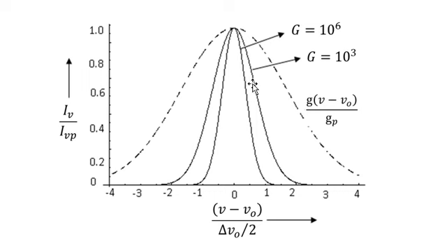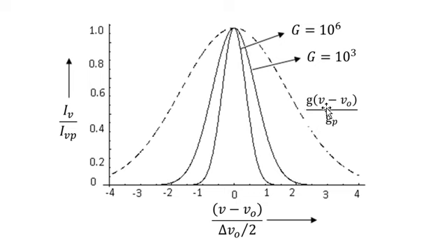So look, we have plotted ASE for two values of gain. Gain is equal to 10 to the power 6 and gain is equal to 10 to the power 3. For the gain 10 to the power 6, you can see that the beam is narrower. That is, the spectral narrowing is more evident for the higher gain in comparison with the gain of 10 to the power 3. So you see that the dashed line has been plotted.